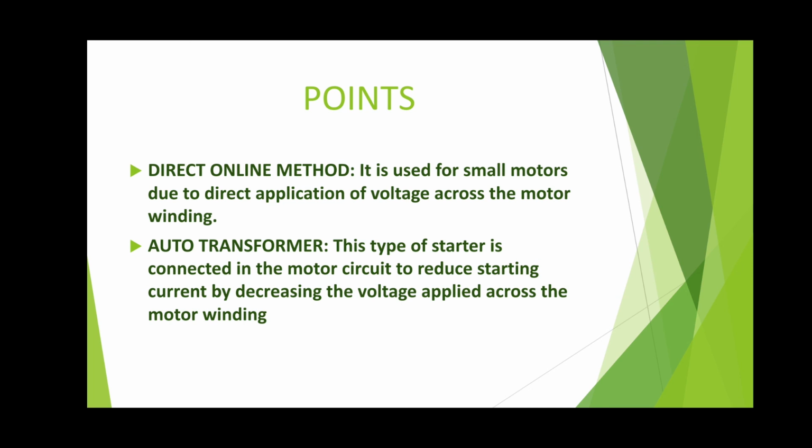The taps on the auto transformer limit the voltage applied to the motor to 50, 65, or even 80% of the normal voltage. An auto transformer starter is suitable for both star and delta connections.